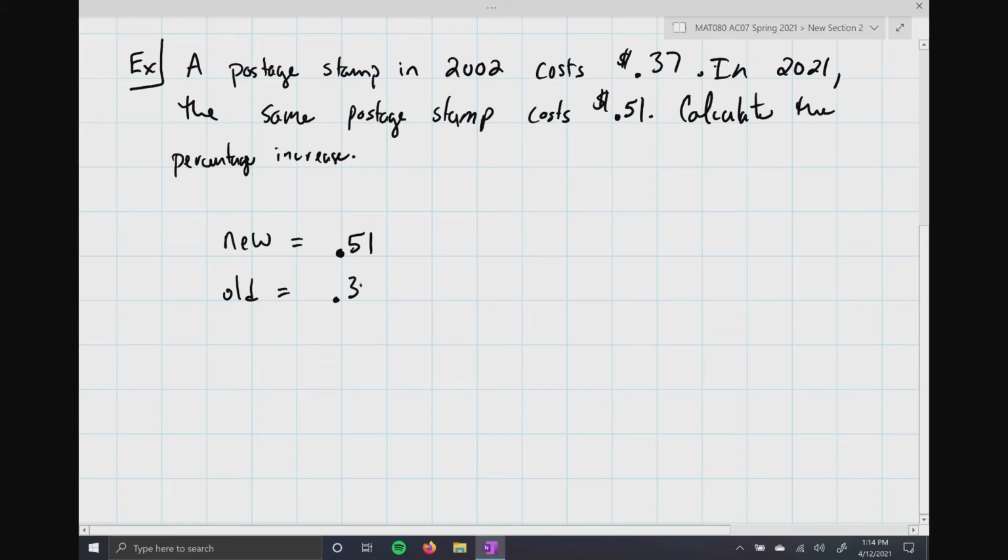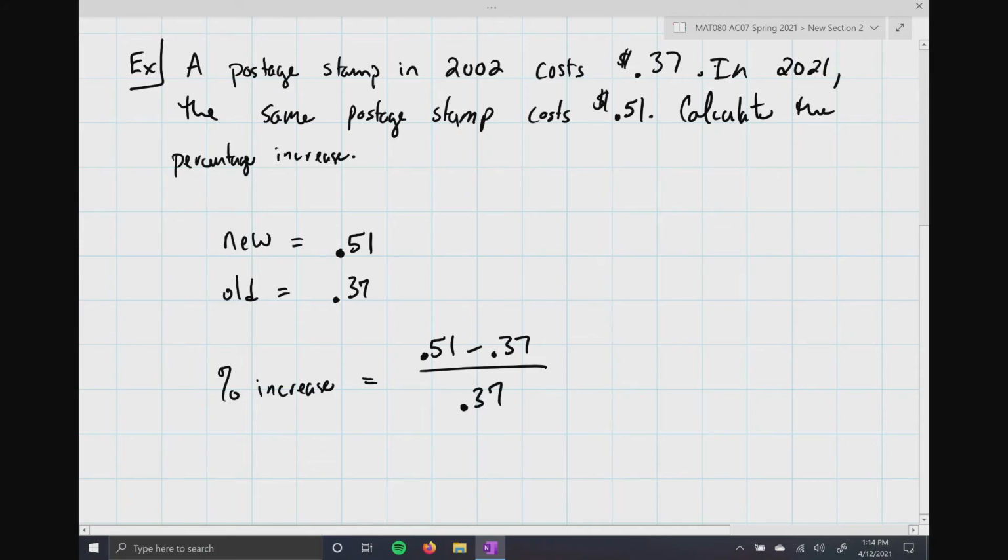And then obviously the old price is going to be the original price that I'm comparing it to, 37 cents. So my percent increase is going to equal the new price, 0.51, minus the old price, 0.37, divided by the old price, which is 0.37.